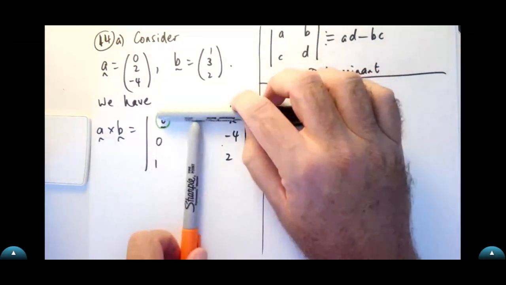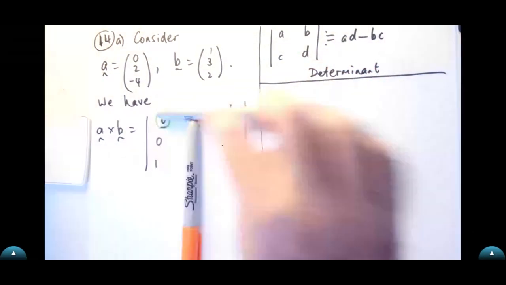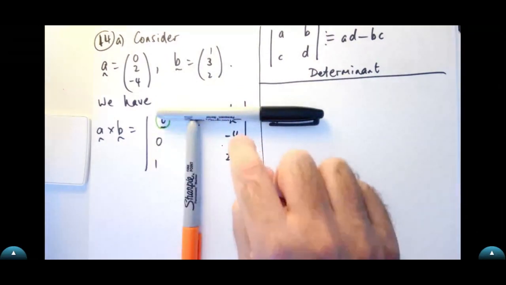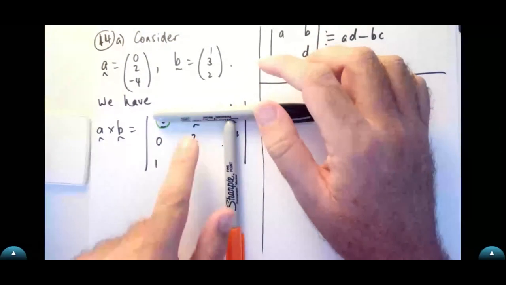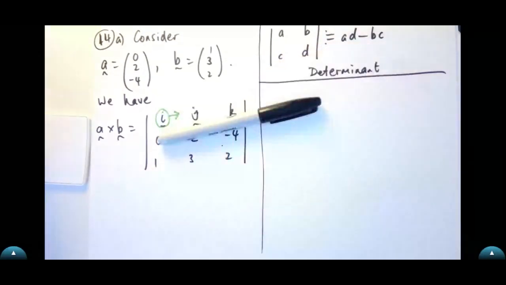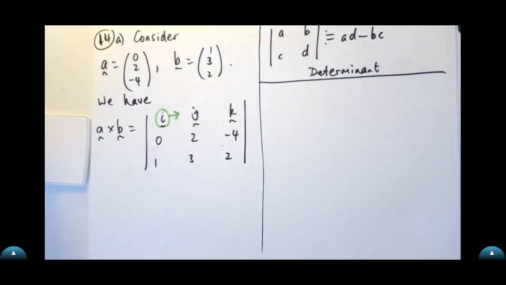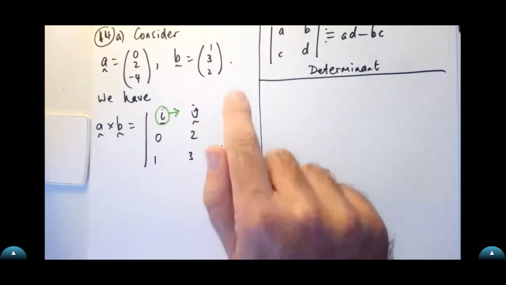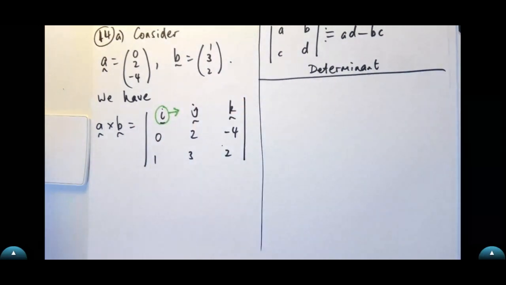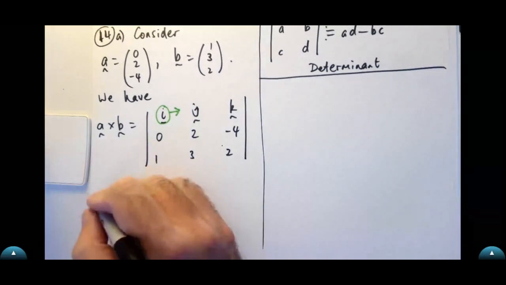And then you move over to J. Cover the row and the column, that times that minus that times that. And then K, that times that minus that times that. And the last thing is you alternate the sign. So it goes positive I, negative J, positive K. All right, I'll talk about that in a minute. Let me just write it out.